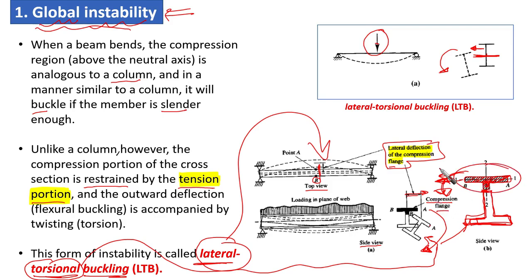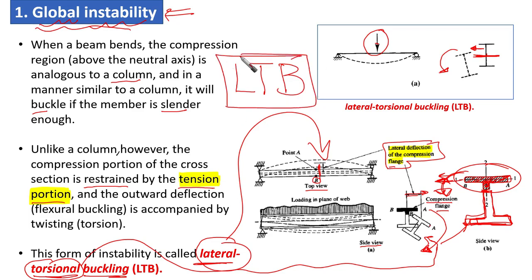Okay, anyway, the discussion from this slide is going to give us something that is very important for understanding beam behavior or steel beam behavior. We call it LTB, lateral torsional buckling. It is a phenomenon that is related to the global instability of the beam.